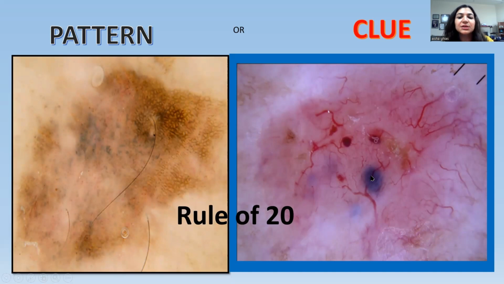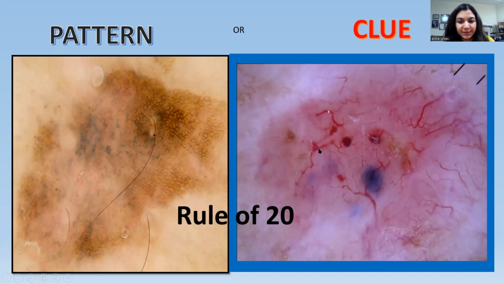Why? Because it's present in only a small part of the area and it's less than 20%. And if you see these serpentine vessels or the branched vessels, they make up more than 20% area. So you may see that the pattern of branched vessels is there, and the clue is that of a blue clod.